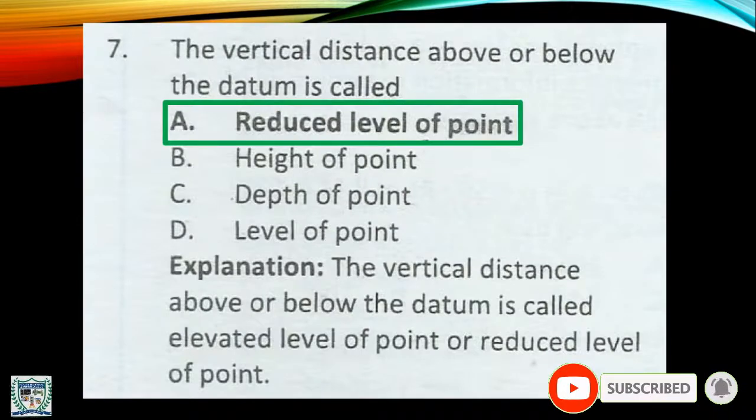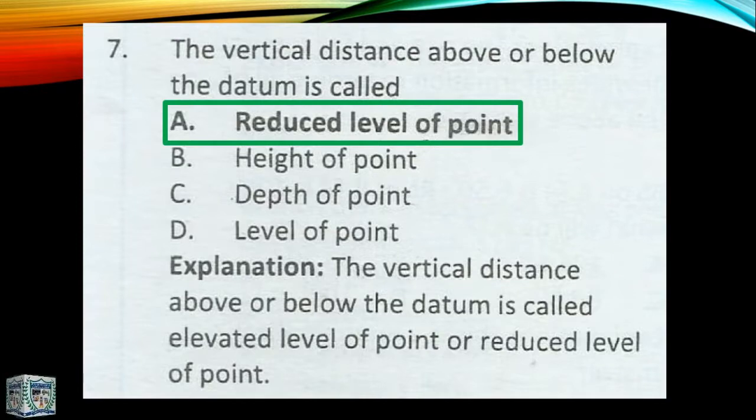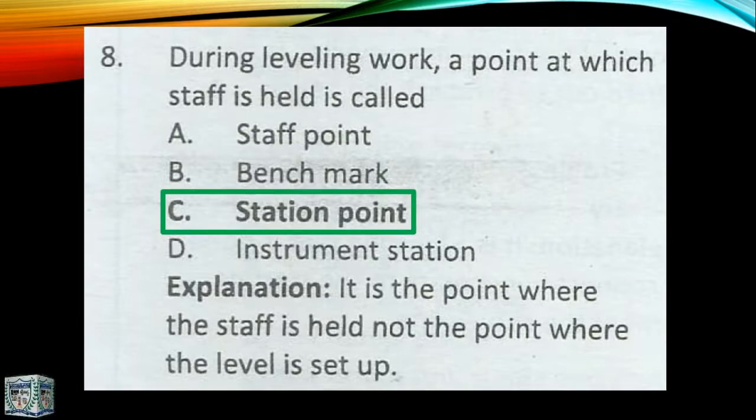Question 7. The vertical distance above or below the datum is called option A, reduced level of point. The vertical distance above or below the datum is called elevated level of point or a reduced level of point. Question 8. During leveling work, the point at which staff is held is called option C, station point is the right answer.